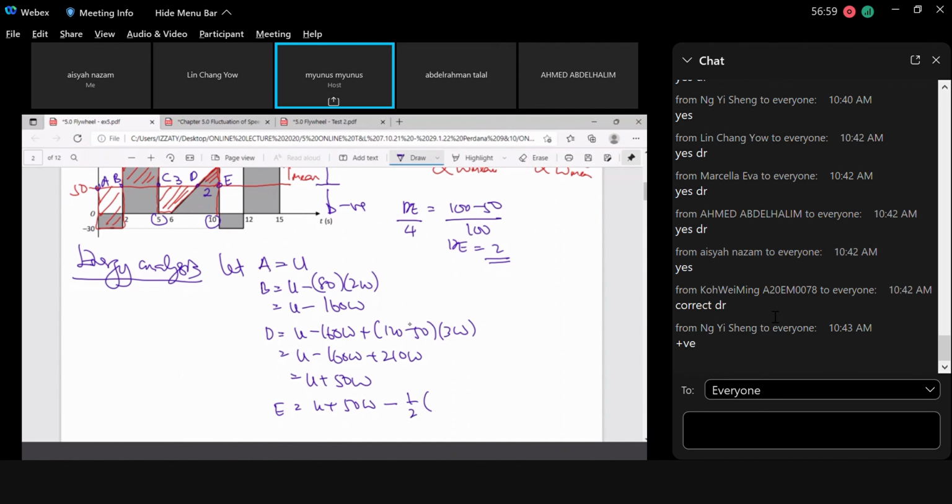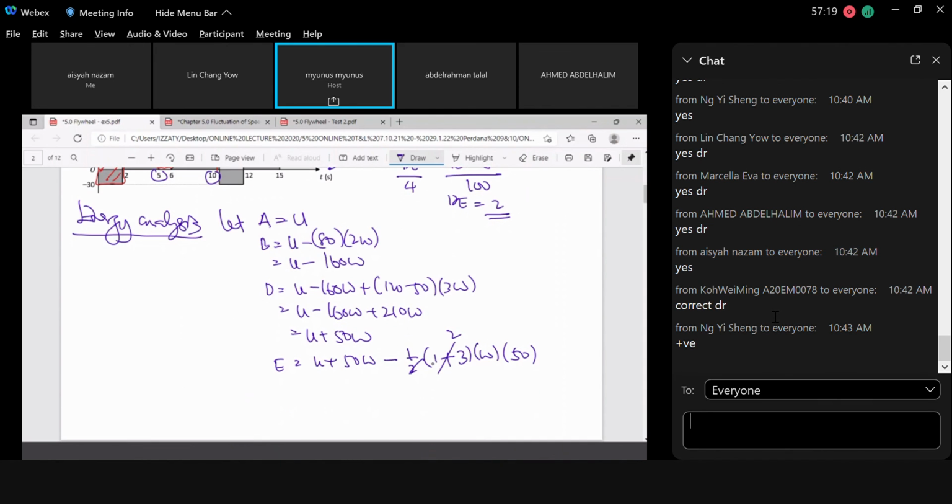So the trapezium will look like 1 plus the other part is 3, correct? Multiply by omega, multiply the height is 50. So this one becomes 200. So you will have here is equal to, check whether my calculation is correct or not. You have U, this one is 50, this one is 100, so it becomes U minus 50 omega.